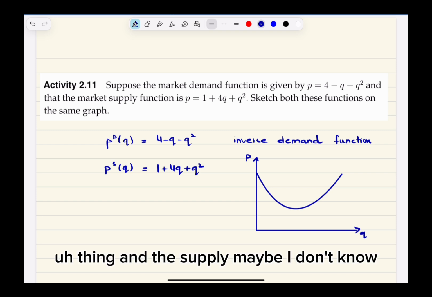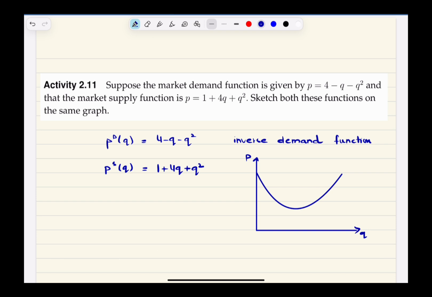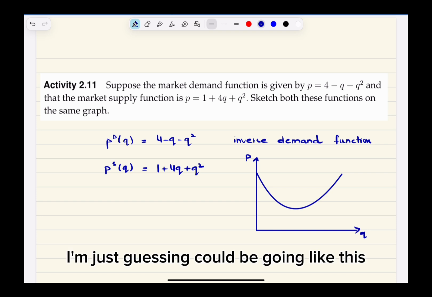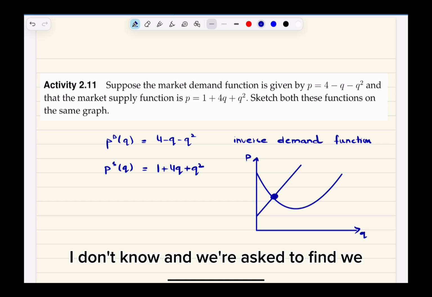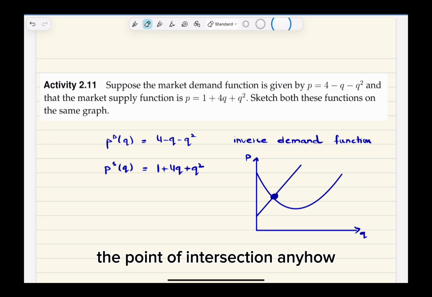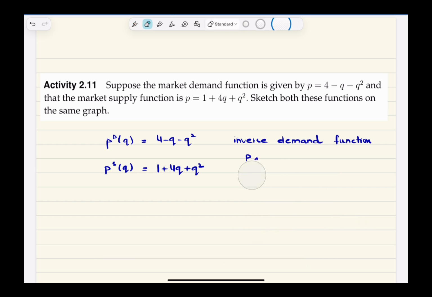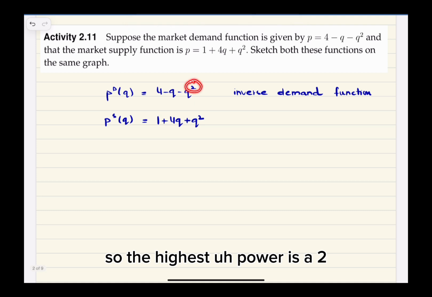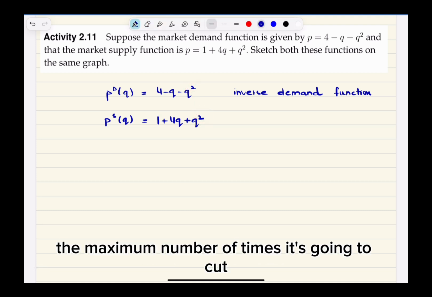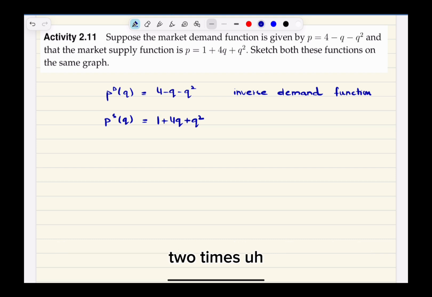And the supply, maybe, I'm just guessing, could be going like this. They haven't asked us to find the point of intersection. Both of them are quadratic, so the highest power is 2, which means the maximum number of times each can cut the q-axis is 2 times.